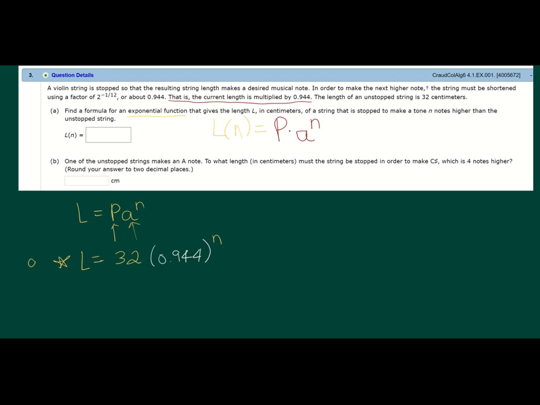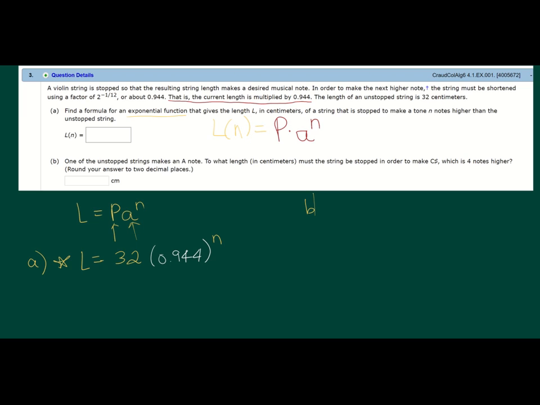So this is part A for my numbers, and for part B, what are we trying to do? One of the unstopped strings makes an A note. To what length must the string be stopped in order to make C sharp, which is 4 notes higher?